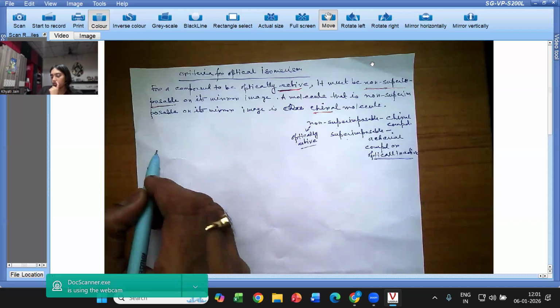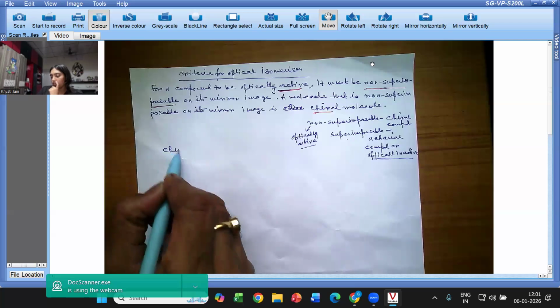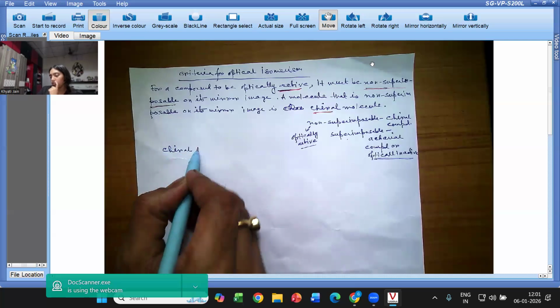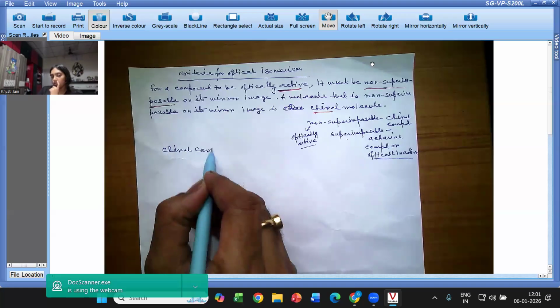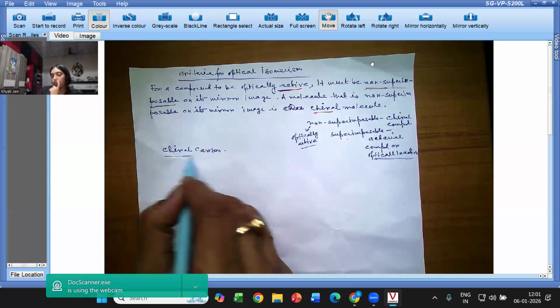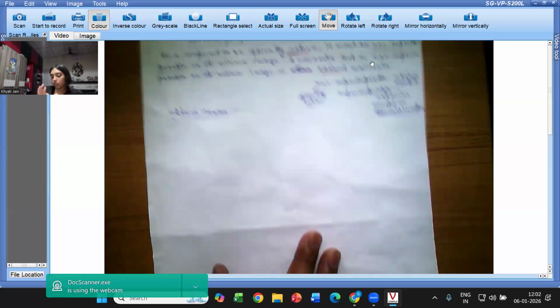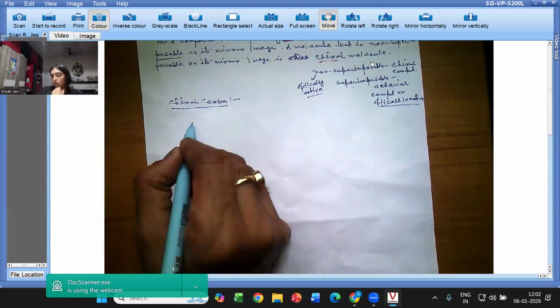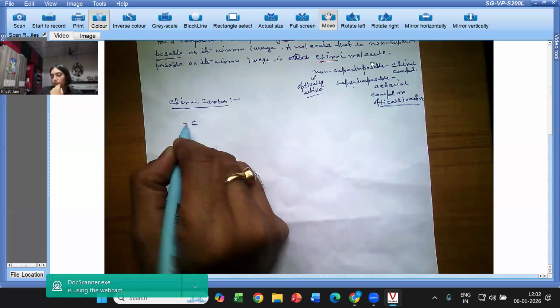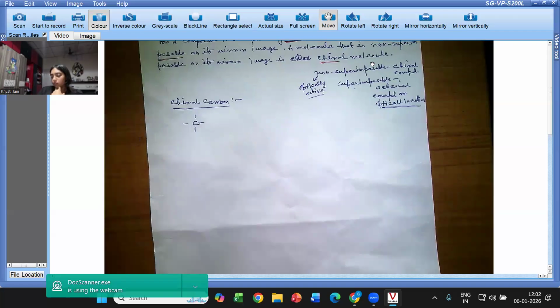Now you need to know what is a chiral compound, right? What is a chiral compound? Now, chiral carbon. If you have a chiral center, that molecule is called a chiral compound. Now suppose it's a carbon, right? We understood this. Carbon has 4 hands, right?